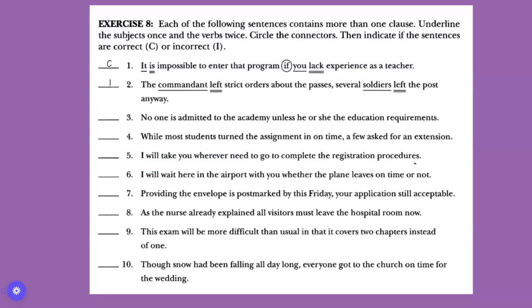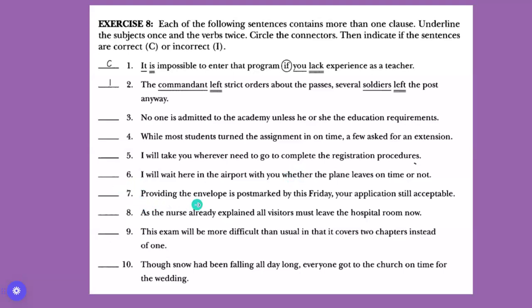Wherever you need to go, we need to go, etc. Incorrect. Number 6, I will wait here in the airport with you whether the plane leaves on time or not. What do you think, correct or incorrect? Correct.